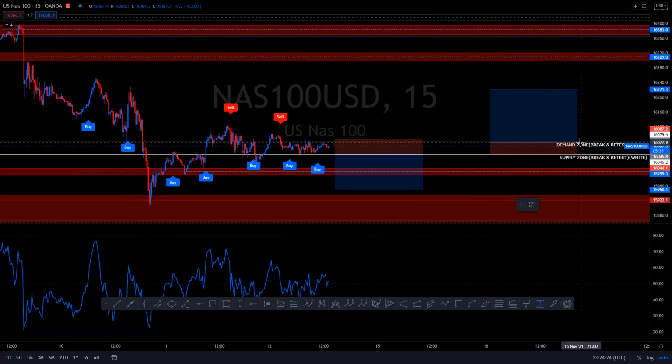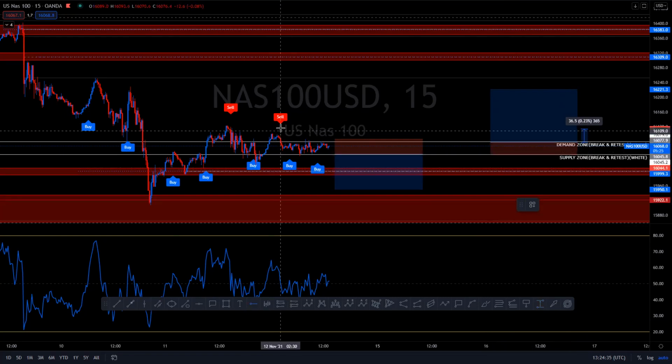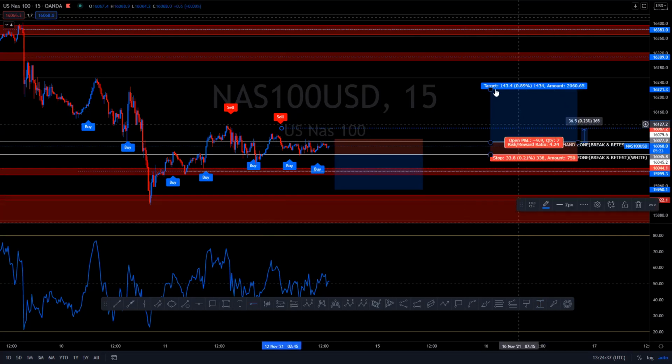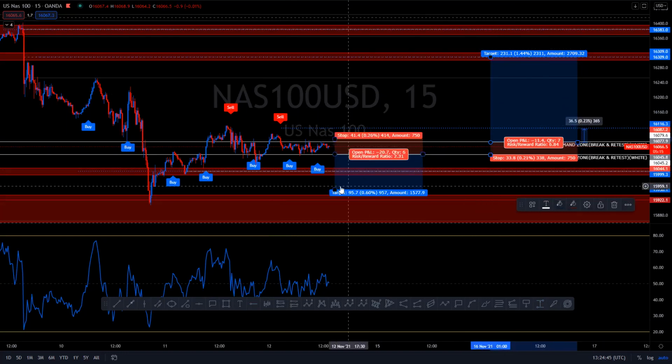I know that's going to be a bag. Matter of fact, my first take profit would be at least 200, maybe 300 pips. I'll just put it right here. Second take profit would just be up here. Maybe third take profit there.